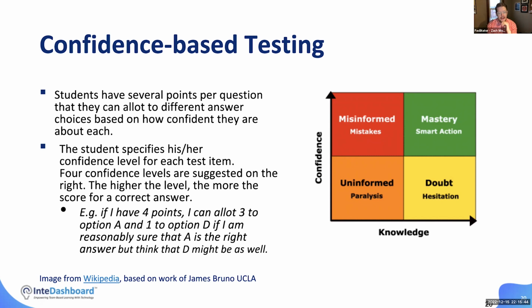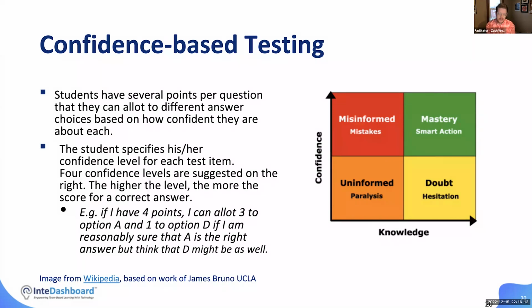What this looks like in practice, the easiest way to think about this, is for each question a student gets 4 points. So if we're looking at a multiple choice question with 4 potential answers, the student gets 4 points to use on that question. And what they do is, the more confident they are in their answer, the more points or the more weight they put in that answer.